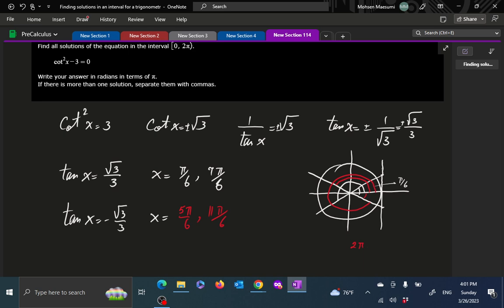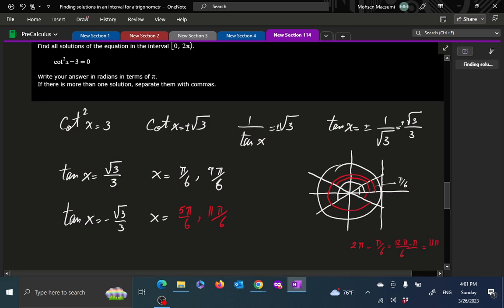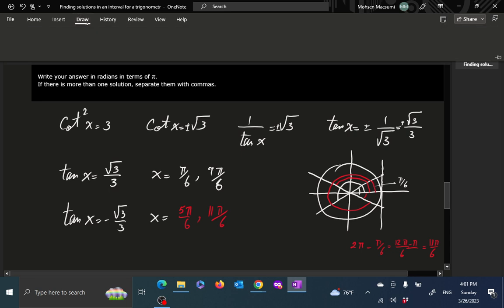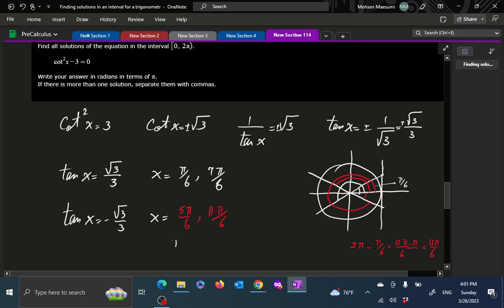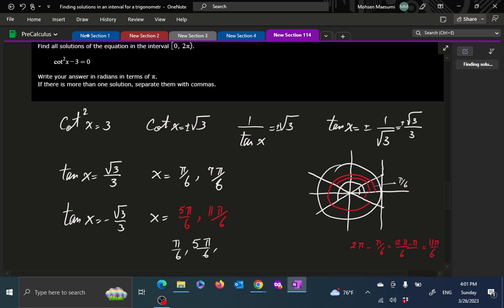How do I remember? 2 pi minus pi over 6. Take common denominators, 12 pi minus pi, and I get 11 pi over 6. That's how I am working these things out. How you want to do it is up to you. You have the table, you have pictures, and you have the circle. Pick something. So 5 pi over 6, 7 pi over 6, 11 pi over 6.